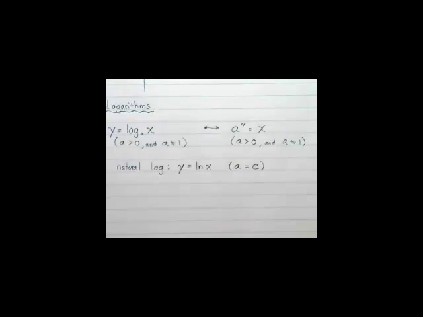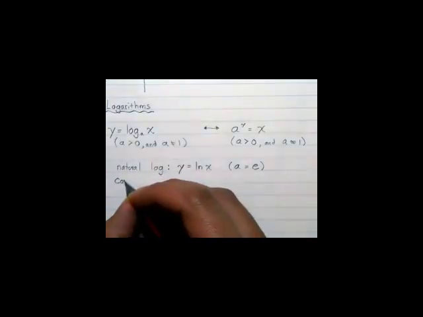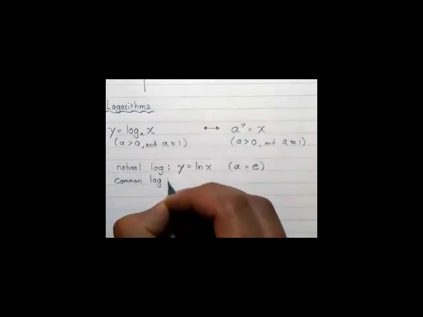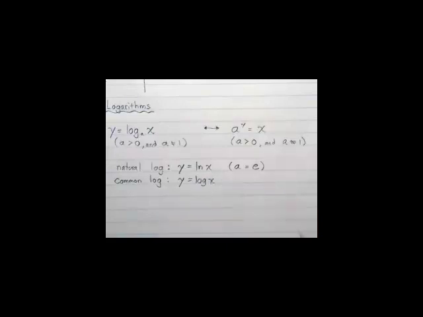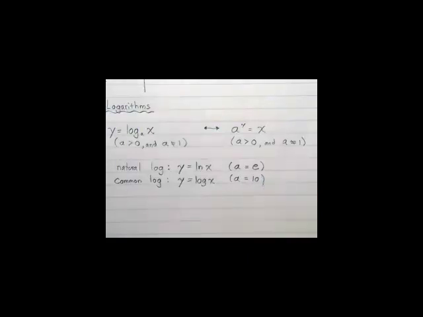That's one that we'll use quite often. And we also have what's called a common log, which just looks like this with no base, log x. And in that case, the base a is equal to 10. So, like I said, you've seen those before, but just a little refresh here for you.